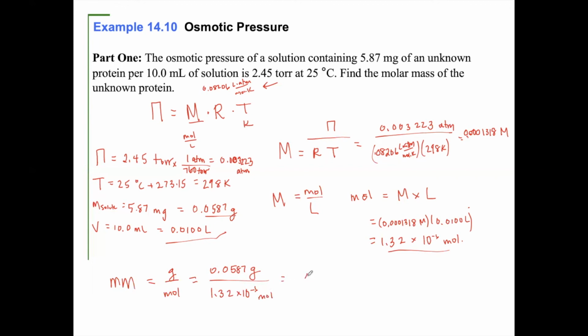And that will give us 4.45 times 10 to the third grams per mole. And that looks like quite a big number, does it not? But we have to remember that we're talking about a protein. So proteins are very large molecules. So the molar mass of a protein would be considerably higher than the molar mass of any of the other compounds we've been doing math with so far in this chapter.